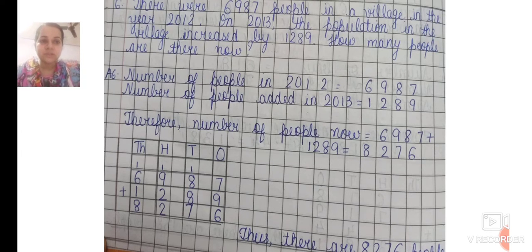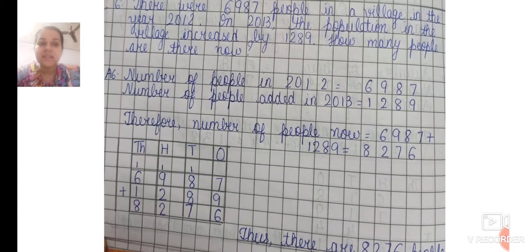In 2013, the population in the village increased by 1,289. Now you have to find how many people are there now. Means in the year 2012 there were 6,987 people. In the year 2013 the increase was 1,289 people.